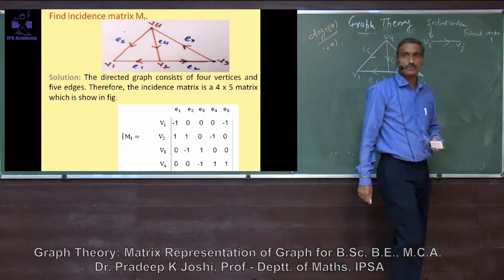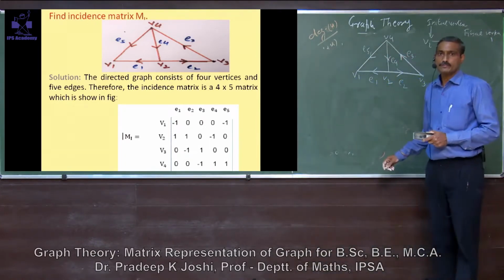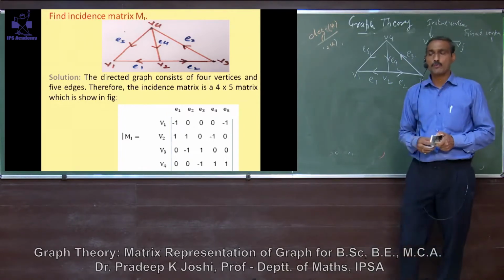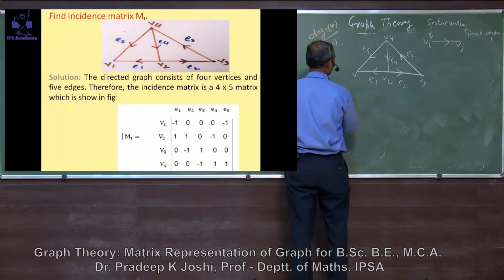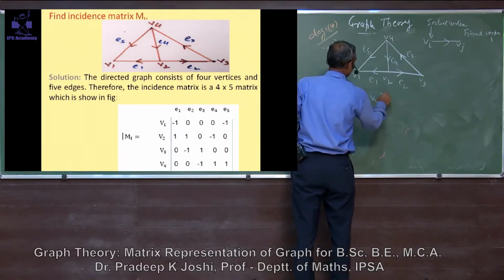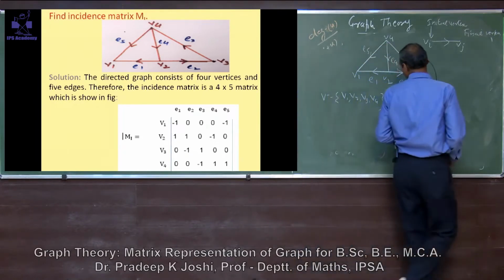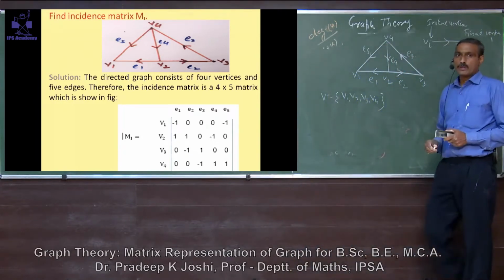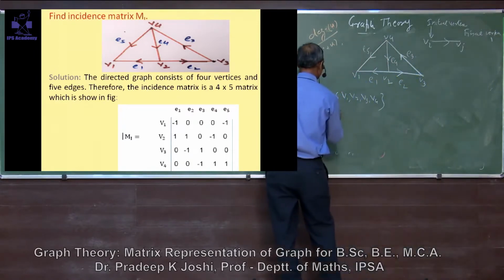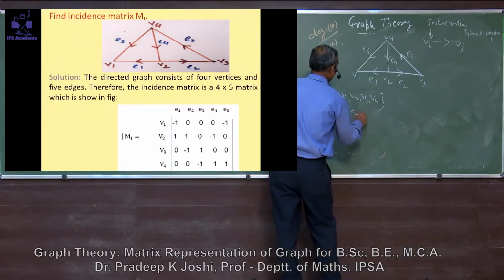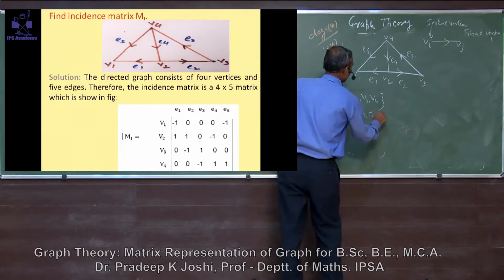Just to see the example here. The directed graph consists of 4 vertices. The vertex set for this graph is V1, V2, V3, V4, and the edge set is E1, E2, E3, E4 and E5.